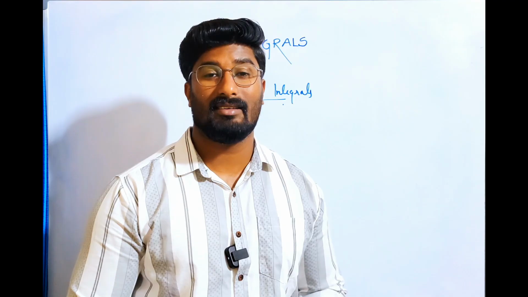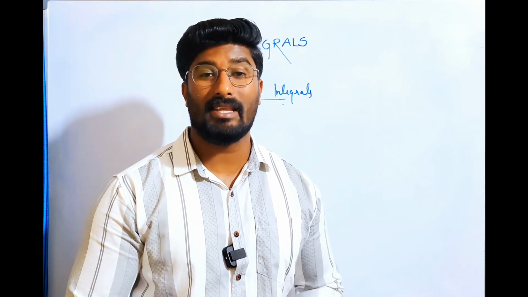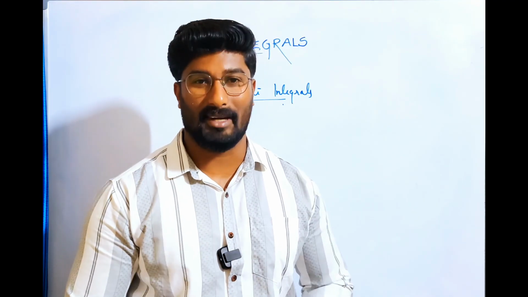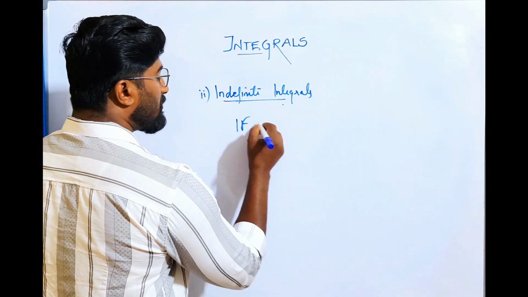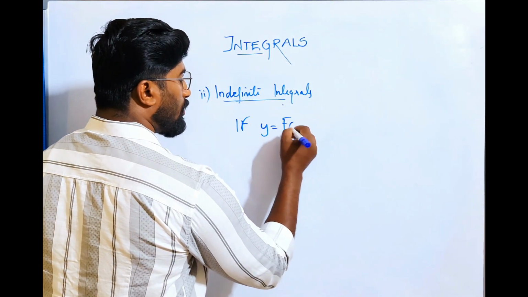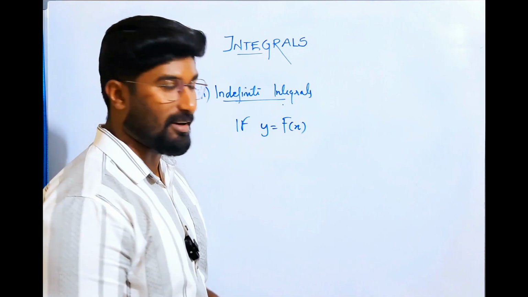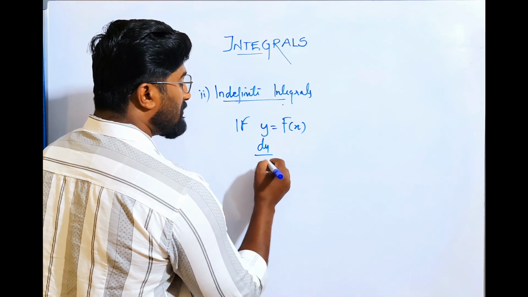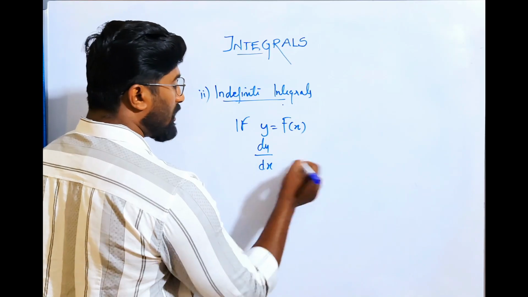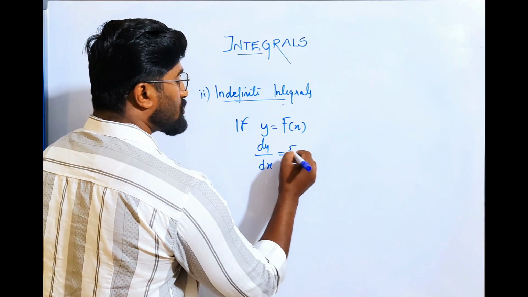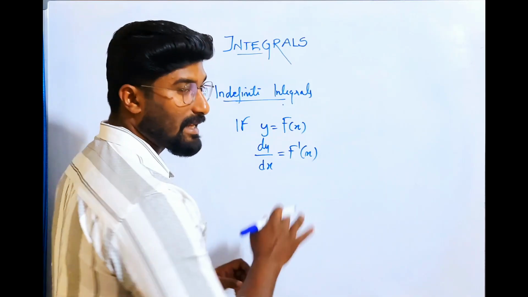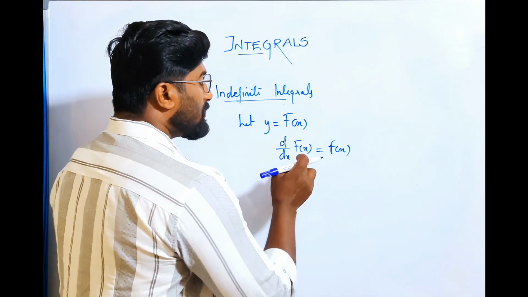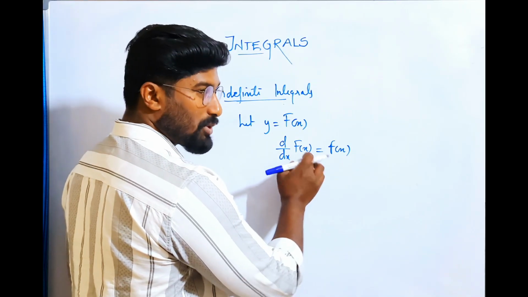So how to find it? If you are given a function y is equal to f of x, you can find its derivative. What is the derivative? dy by dx or f dash of x. So f dash of x is the derivative of the function. Now this f of x is your original function.